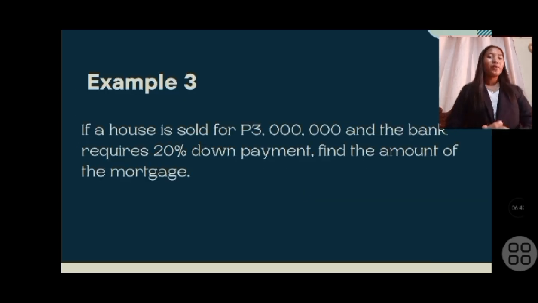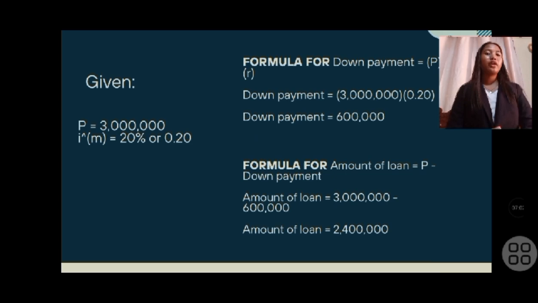So now we have example number 3. If a house is sold for 3 million and the bank requires 20% down payment, find the amount of the mortgage. Let's first identify the given. Our principal value is 3 million and our rate is 20% or 0.20.